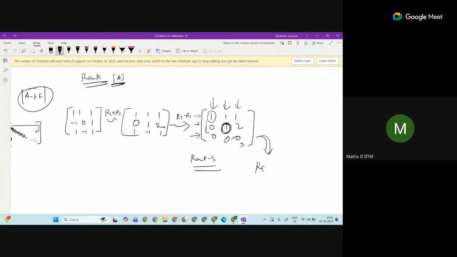If the rank is less than the order of the matrix, say 3 cross 3, then you will surely get at least one eigenvalue which is 0. So at least one of the eigenvalues is 0.